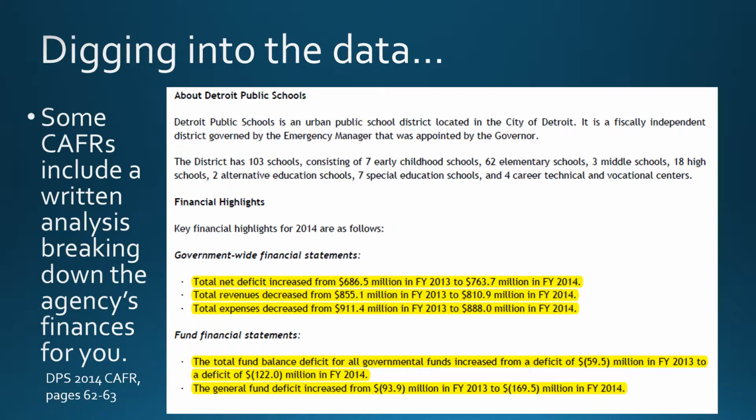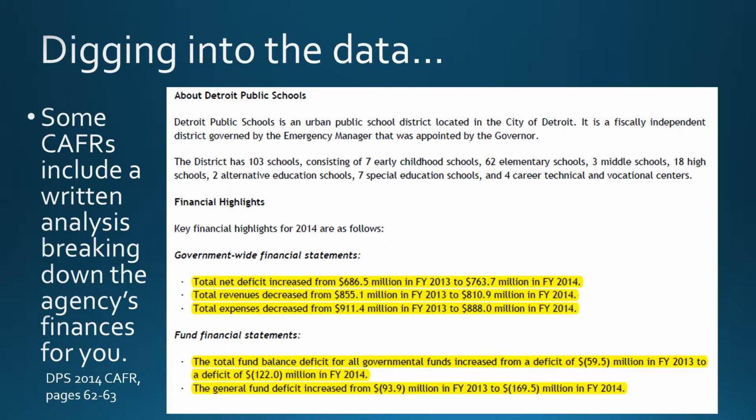But also more importantly, they give you a breakdown of that fiscal year's budget deficit. And here they show that the general fund deficit increased from $94 million in 2013 to about $170 million in 2014.